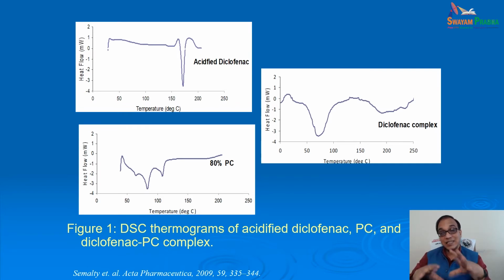So it indicates that the complex has formed, the complex formation occurred there. So with the thermal analysis we can have an idea whether the complex has been made or not. Had it been the case of a physical mixture, all the peaks would have remained at their respective positions.